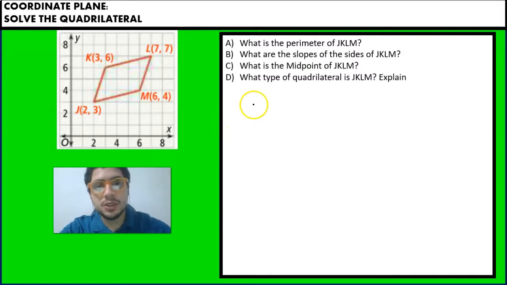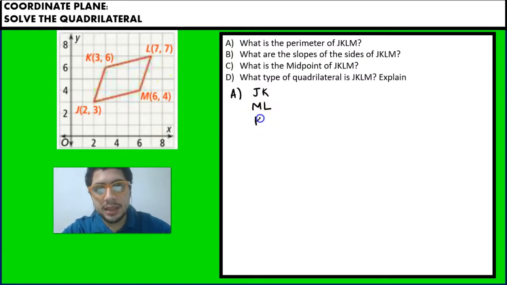Okay guys, so the first question is, what is the perimeter of JKLM? Now, in order to find the perimeter, we have to remember that we have to find the length of the sides. So we have to find JK, we have to find ML, which are the two sides right here.